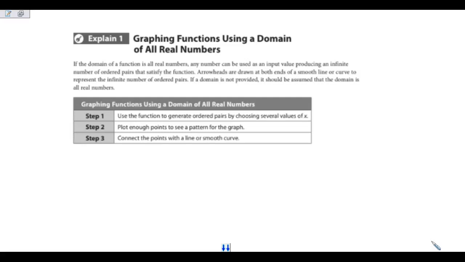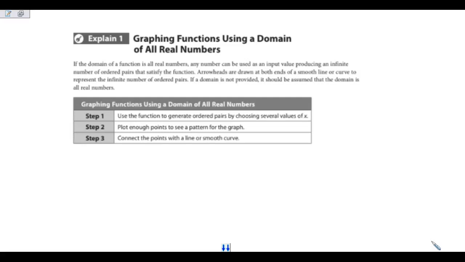And we saw that when we were determining if it is a function or not, and looking for the domain and range on graphs much earlier in our lessons. If a domain is not provided, it should be assumed that the domain is all real numbers. So if they don't tell us what the domain is, or if they don't give us a reasonable number to work towards, then we can assume that it's all real numbers.